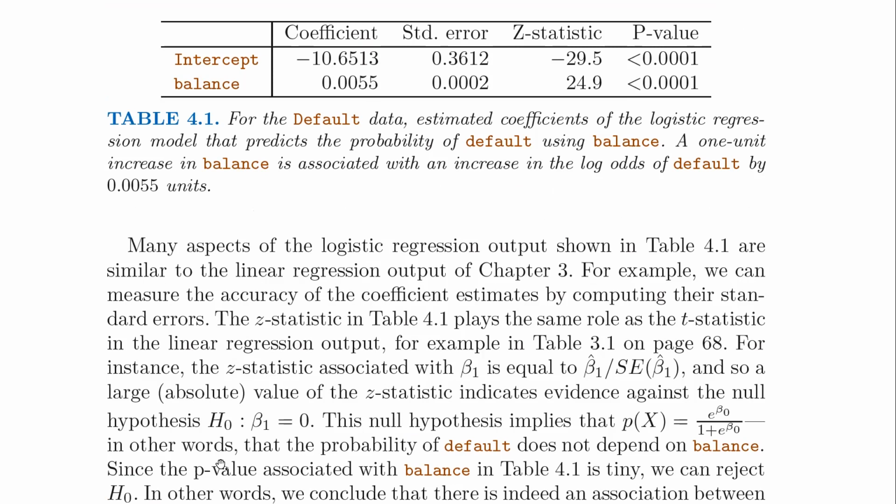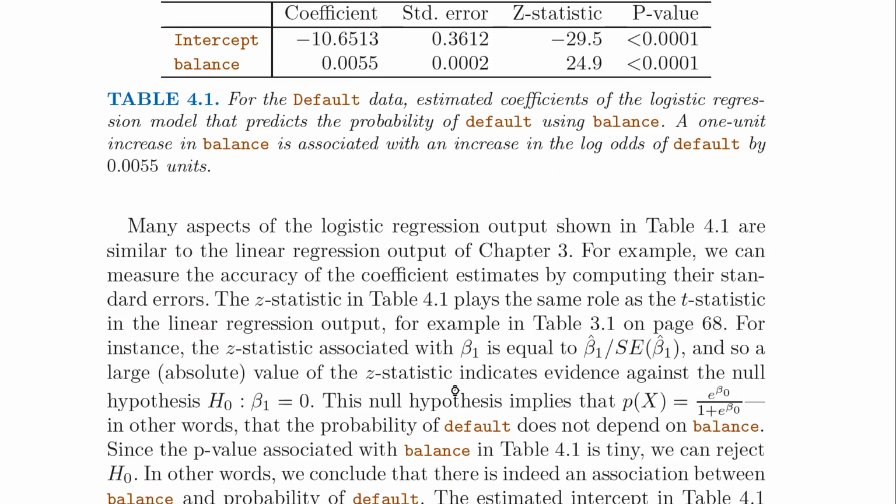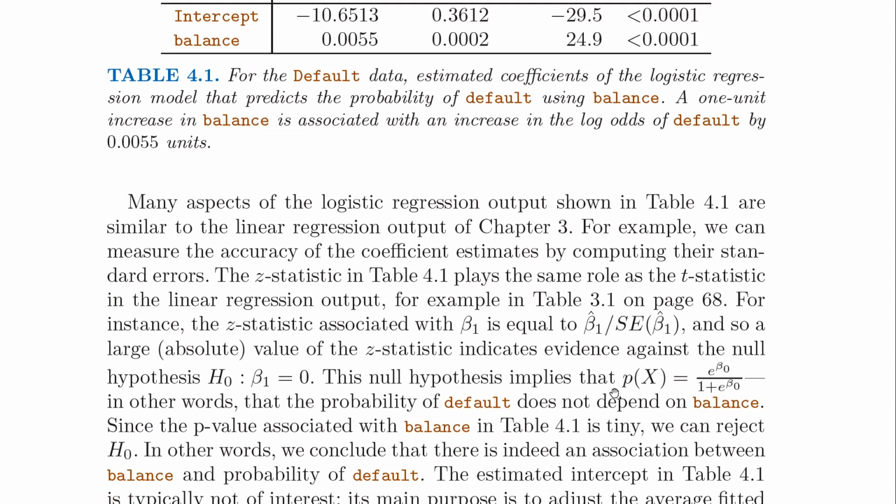The null hypothesis is beta 1 is 0. This null hypothesis would imply that the probability of default given X is just this. X does not feature. So the probability of default does not depend on the balance.